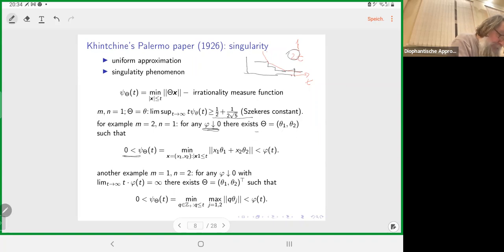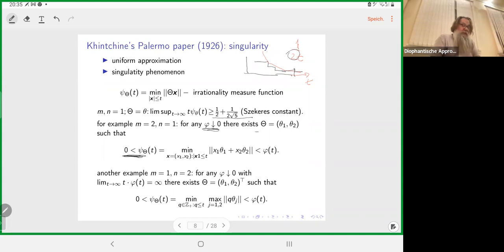Look, this means that they are linearly independent. So the function is bounded from 0. So we have irrational numbers such that the slope of the irrationality measure function lies below a given function phi.